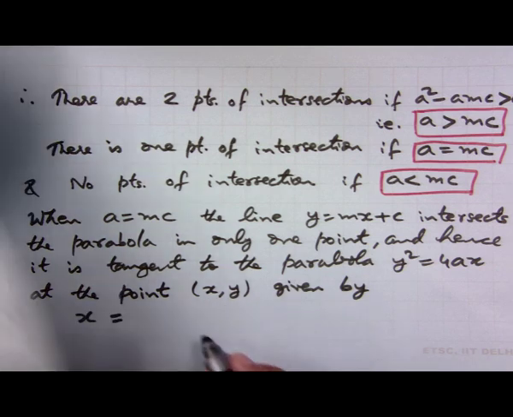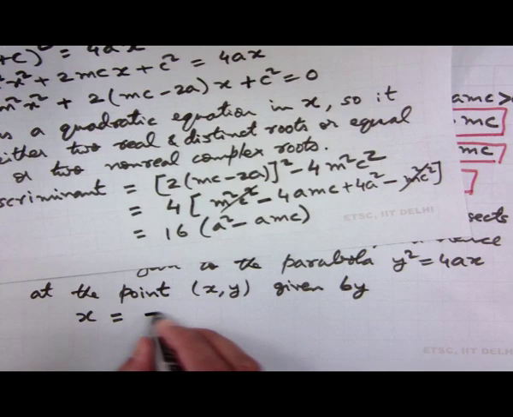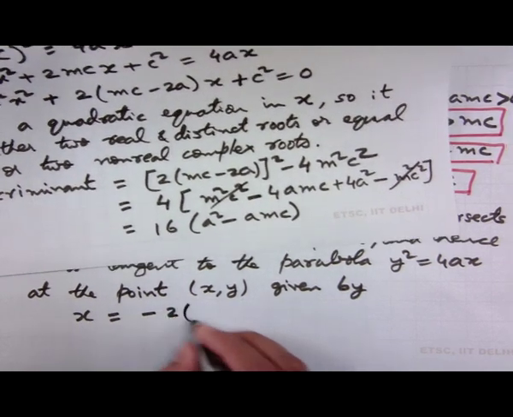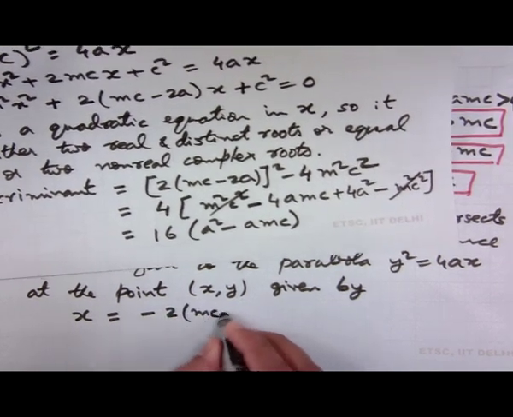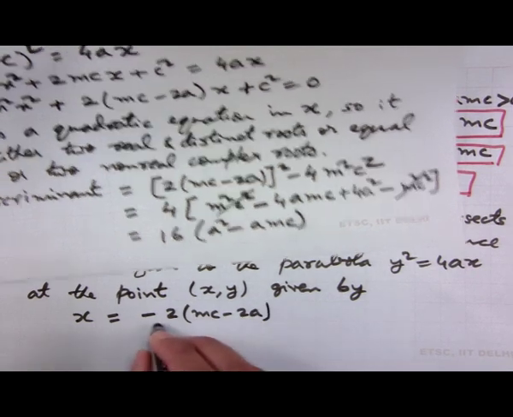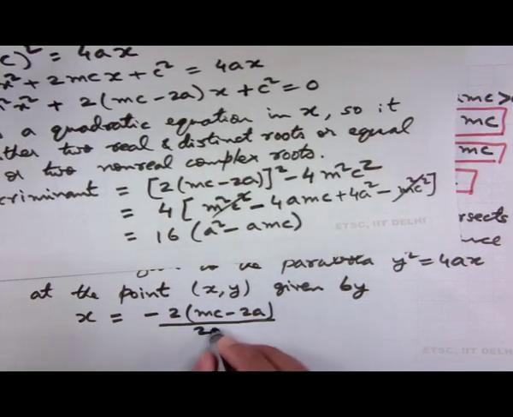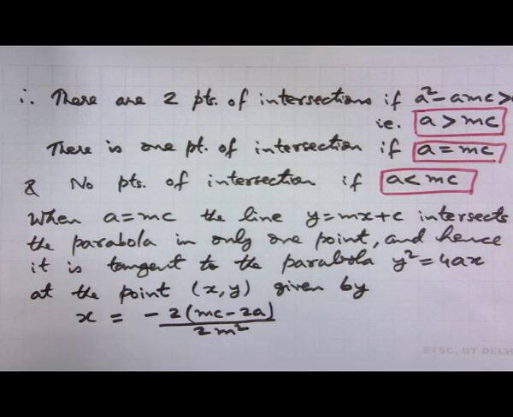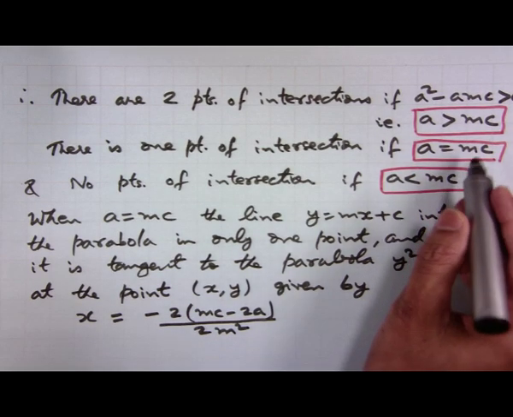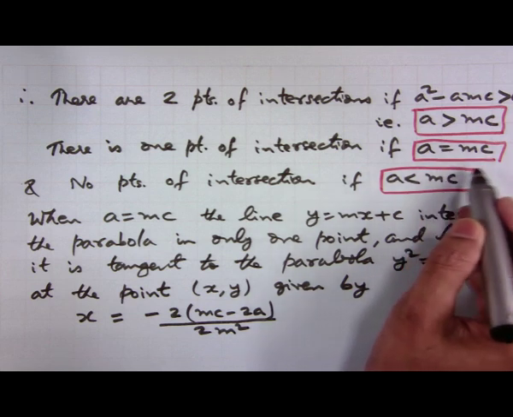So, that is minus (2 m c minus 2 a) divided by 2 m square. But in this case a is equal to m c.